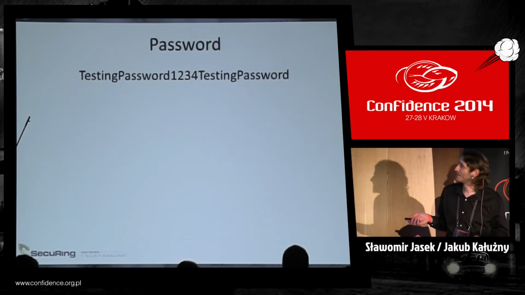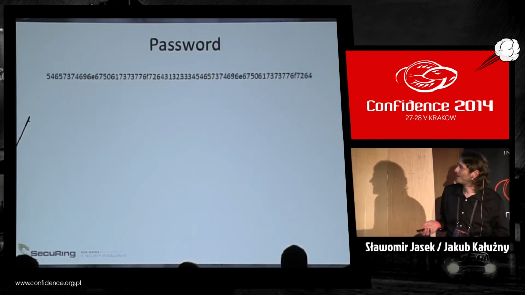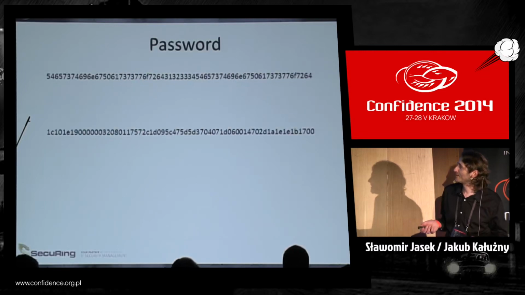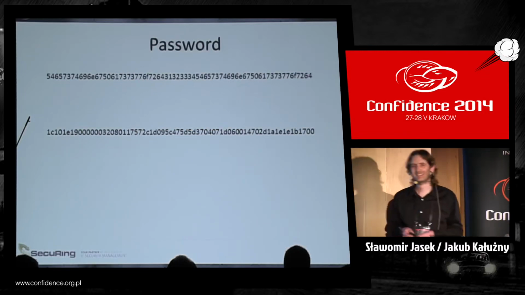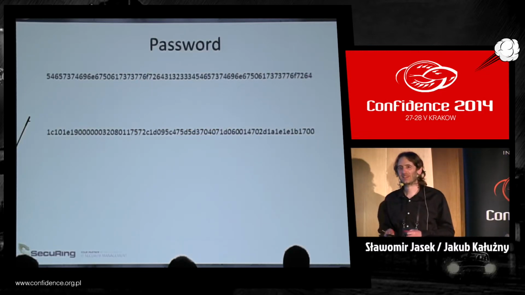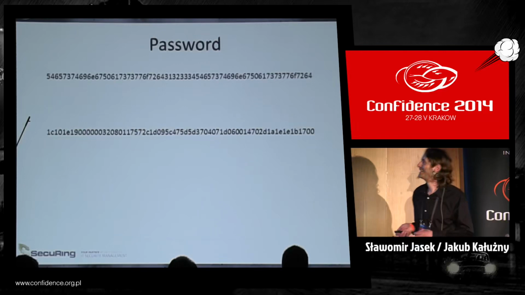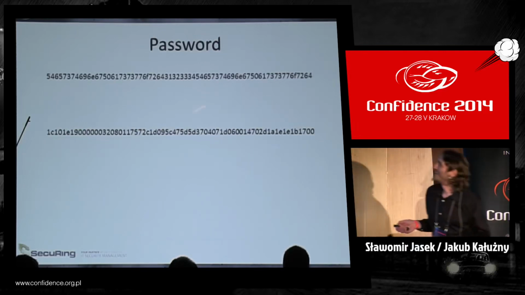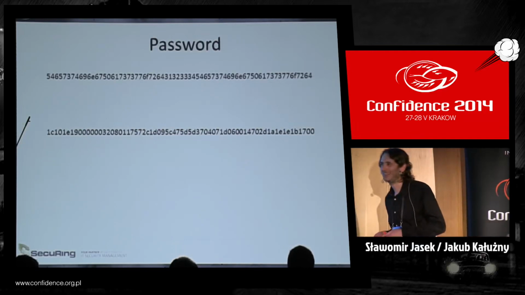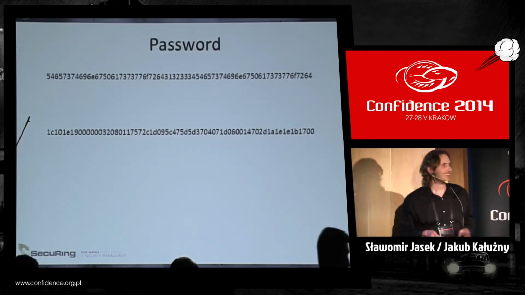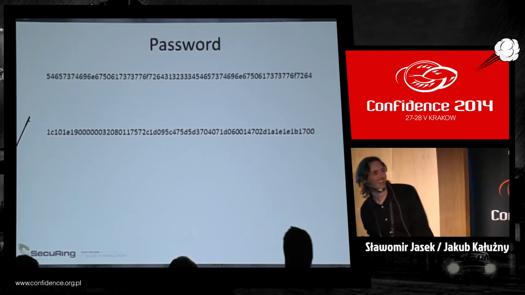It looks like that in ASCII hex. And this is its encoded version. So any ideas? What would you do? Well, the first thing you should notice is that they are the same length. So it's an XOR.